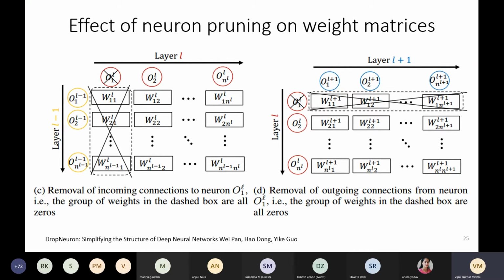Now, in case of pruning, suppose we are talking about channel pruning or node pruning. In that case, we decide a threshold, and whatever channels have values or summations lesser than the threshold, we delete them.